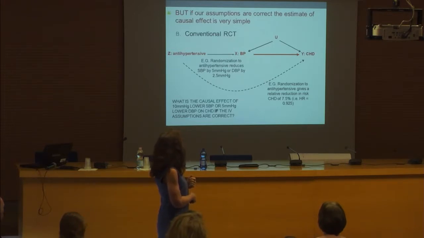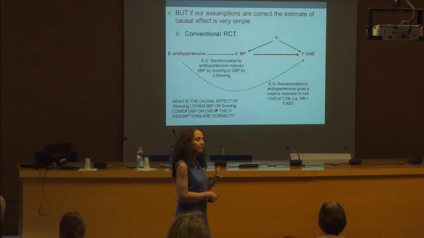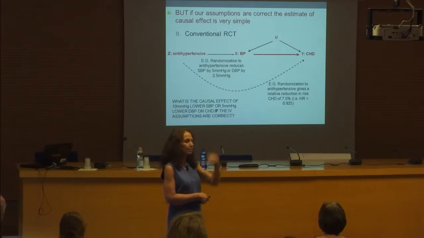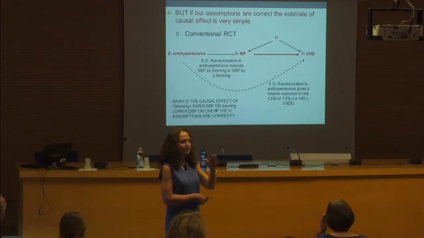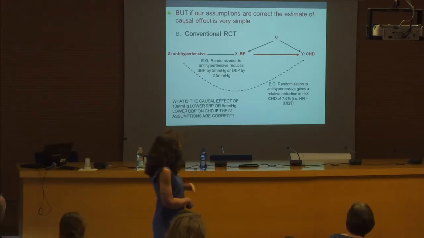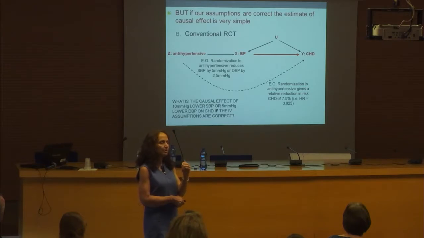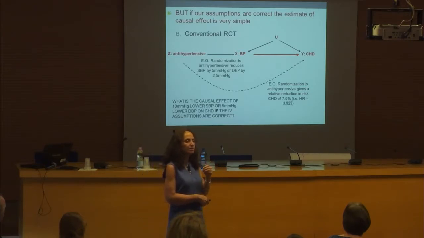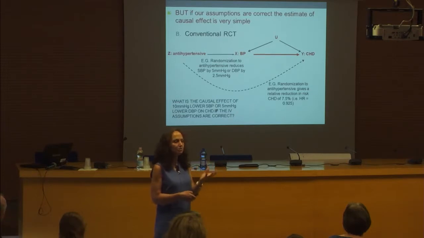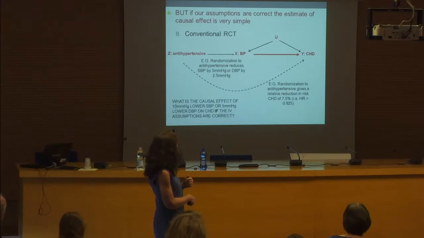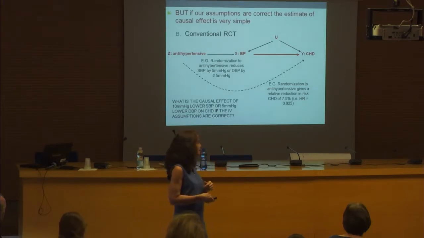So if your particular randomized control trial reduced blood pressure by 5 millimeters of mercury for systolic blood pressure, the higher one, and 2.5 for diastolic blood pressure, the lower one, and it also reduced coronary heart disease risk by 7.5%, but you actually wanted to scale this in terms of a 10 millimeter of mercury reduction in systolic blood pressure or a 5 millimeter mercury reduction in diastolic blood pressure, the calculation is really easy because you're doubling these, you just double that, and it's a 15% reduction. And you'll see with the later slides why I've particularly picked 10 and 5.